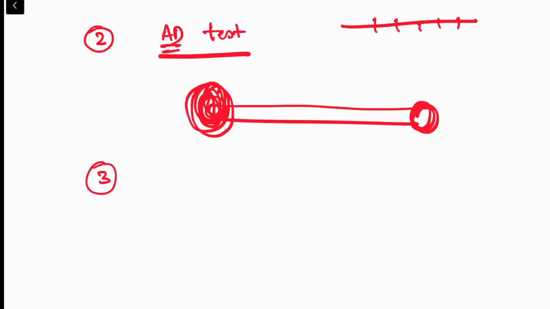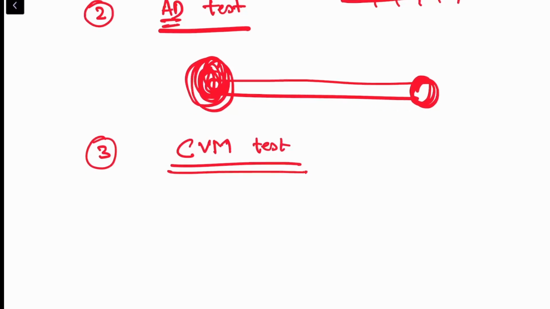Clear? Then we have the third test, that is the CVM test. Clear? Now, what does it actually do? Instead of measuring the maximum deviation like the KS test or AD test, the CVM test calculates the average squared deviation.